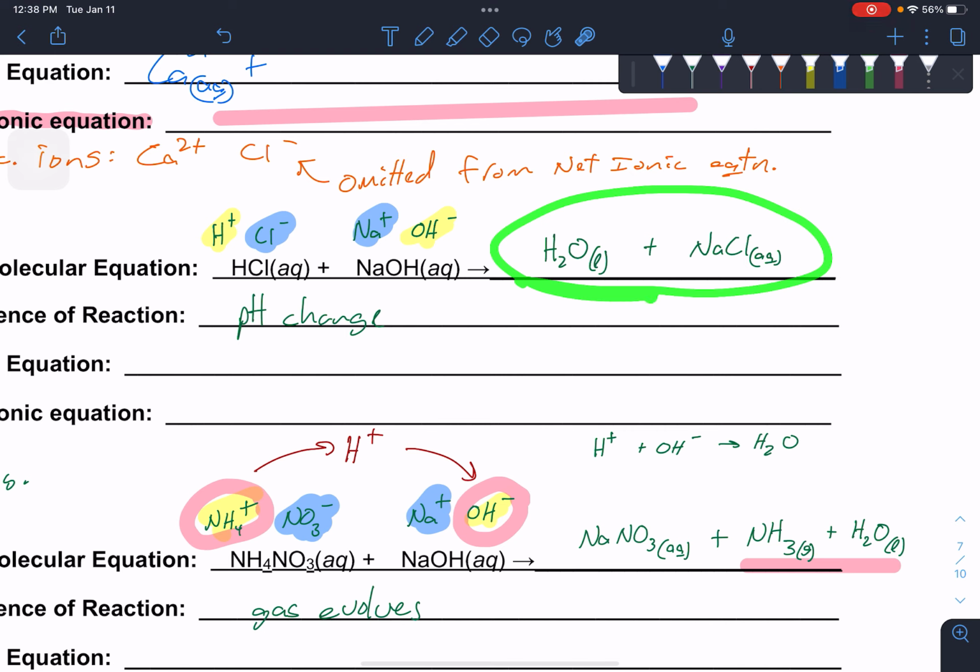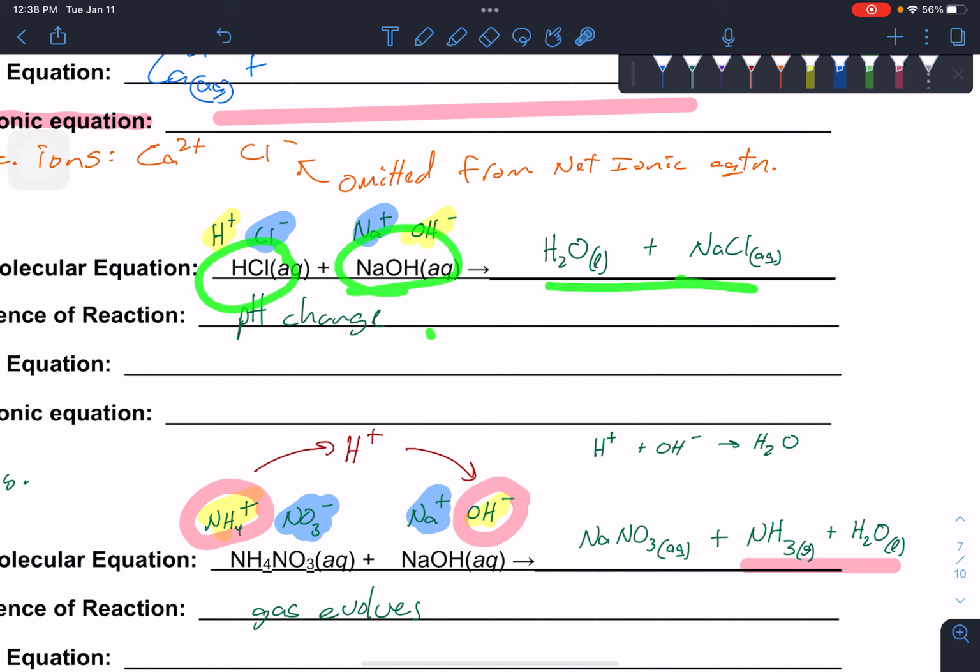So if we have an indicator, meaning a chemical compound we add to the reactants that changes color based on pH, then we can see this would be red originally, this is purple originally, and then this solution would be yellowish green. So we can see a color change related to that pH change. But again, I'm going to mess with that in class when everyone's together.